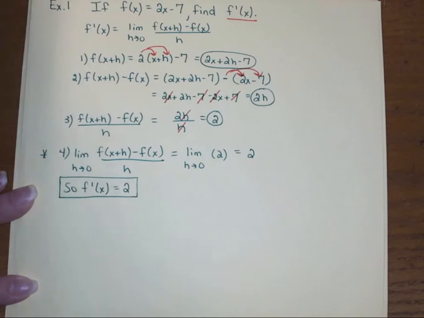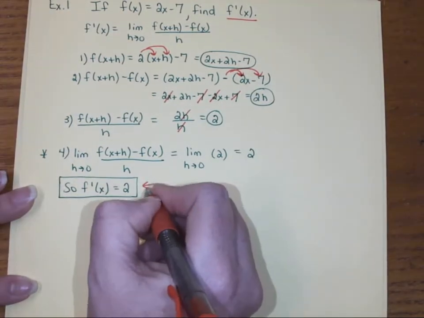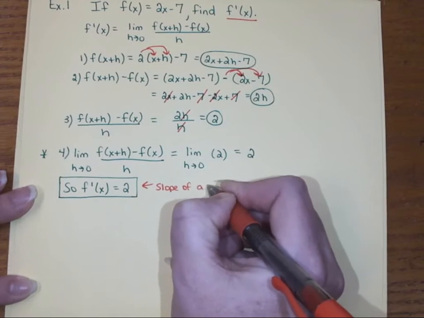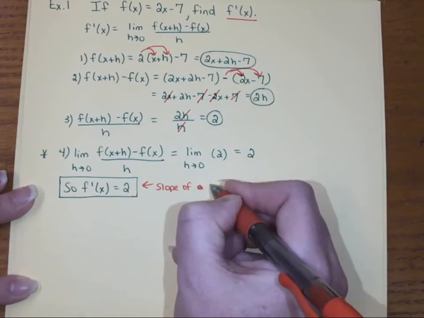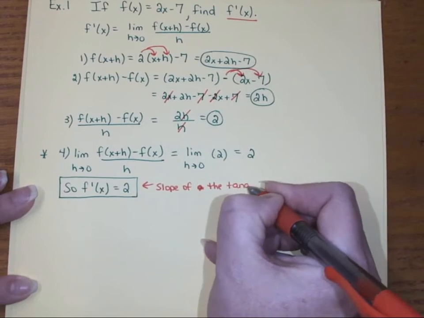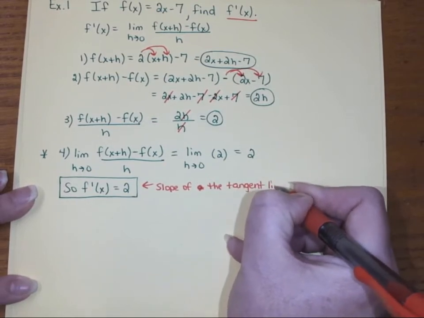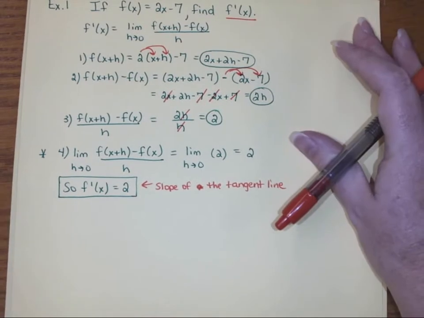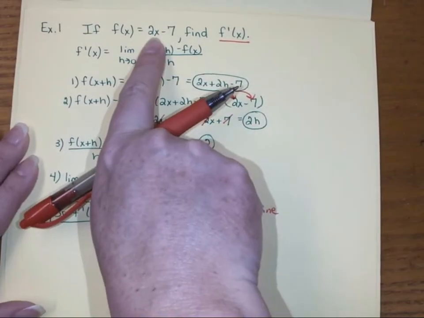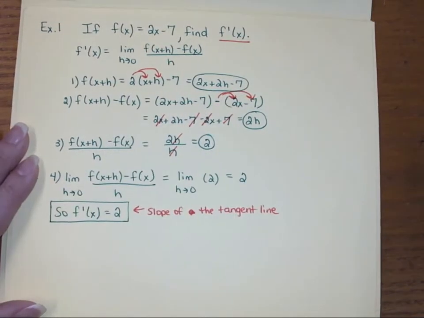Okay, so pretty early on, I want you to make sure you understand the significance of this. So this is the slope of the tangent line. By the way, the reason I said this problem was not that interesting is notice the original function, if we were paying attention, was a line, right?